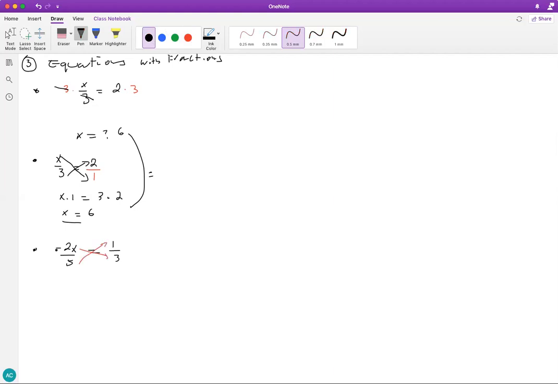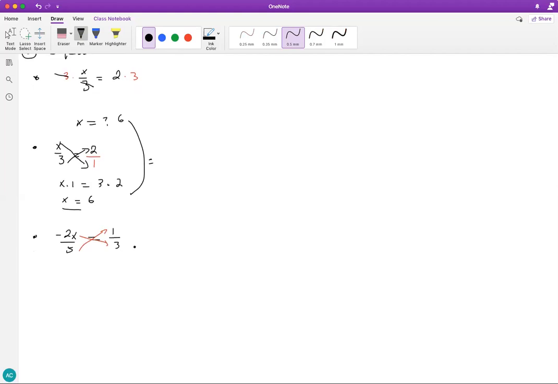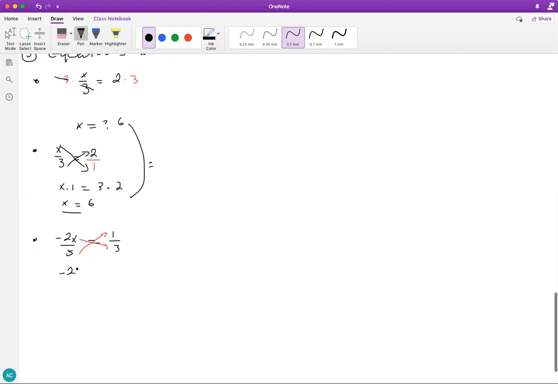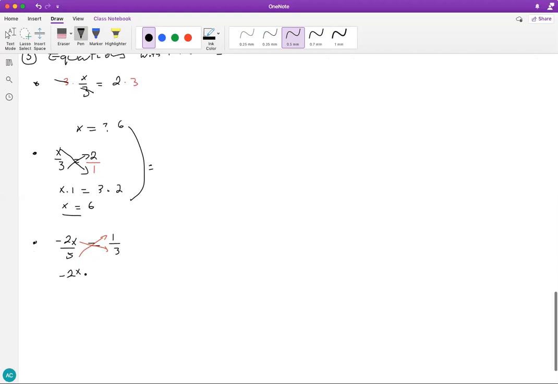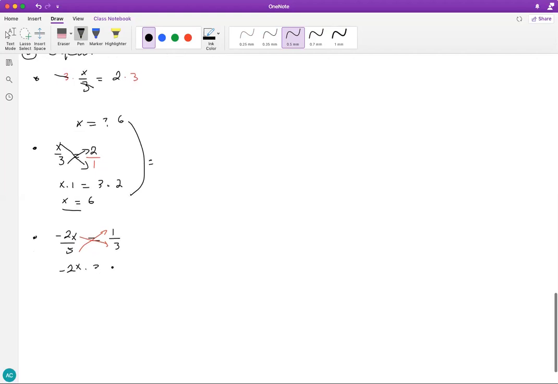So this will be negative 2x times 3, and then 5 times 1. This is negative 6x, and 5 here.